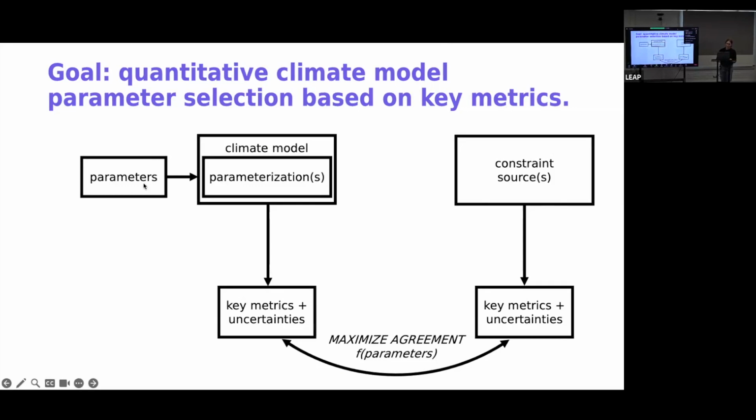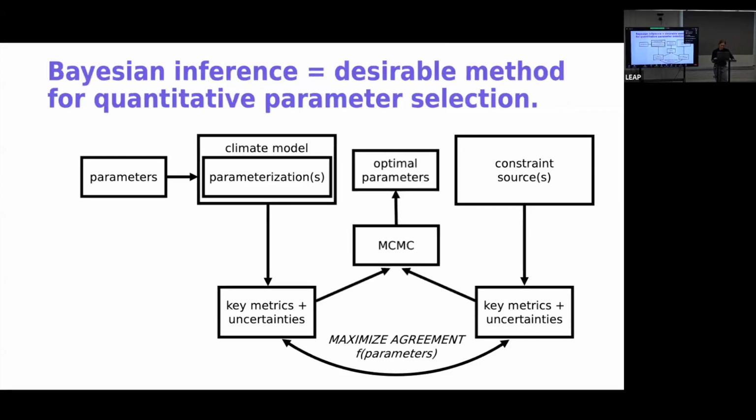So given parameters input into a climate model with a given parameterization structure, we want to maximize agreement, as a function of these parameters, of some key metrics that we care about and their uncertainties relative to some constraint source. This could be a more complicated model, or it could be observations or some mix of those two things.